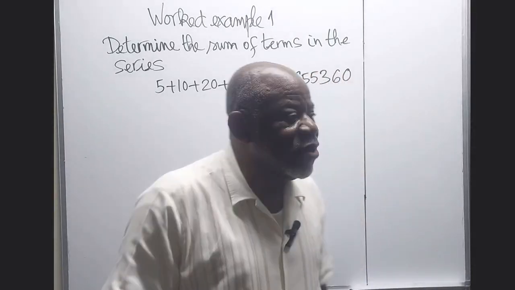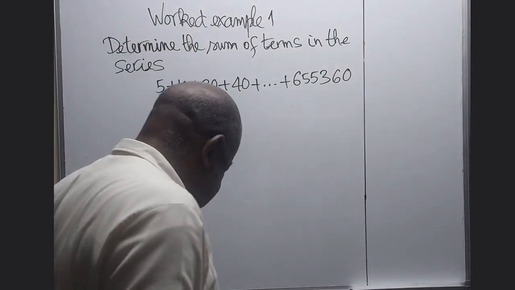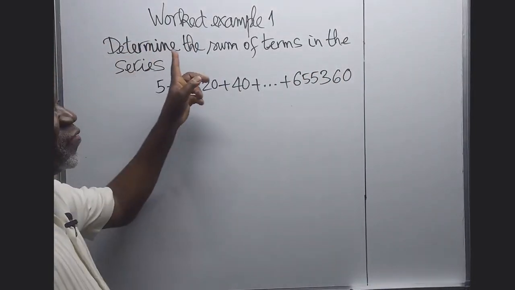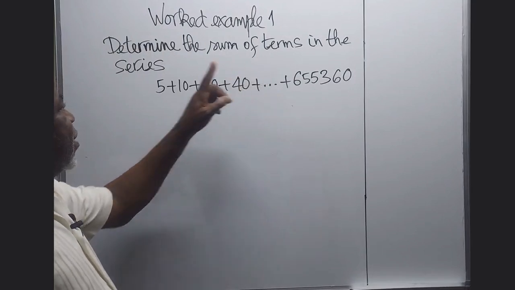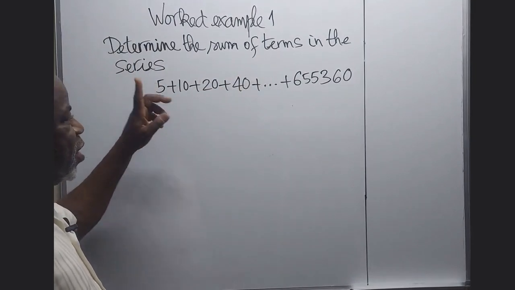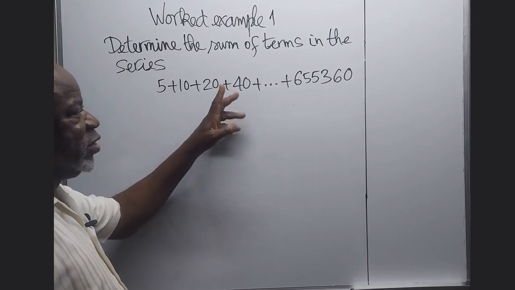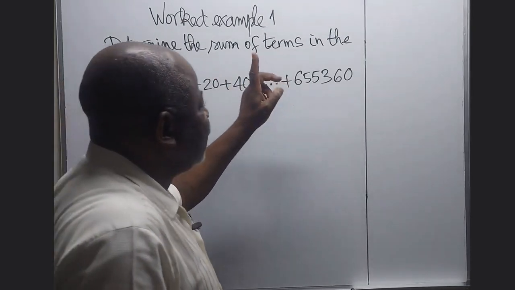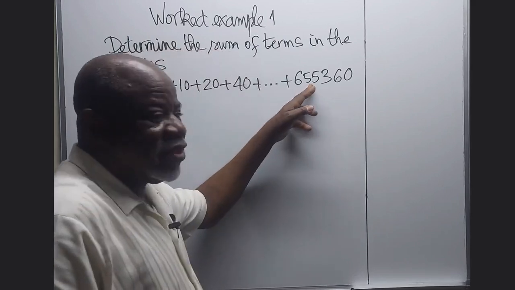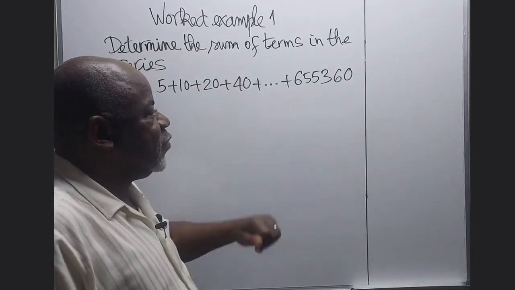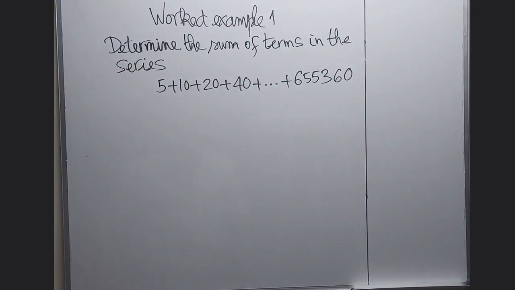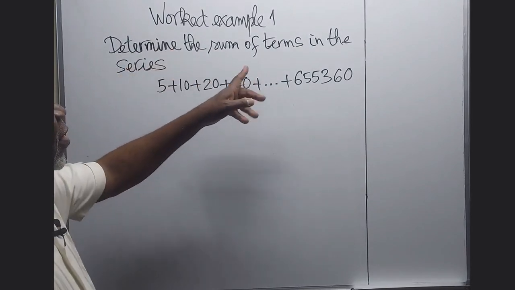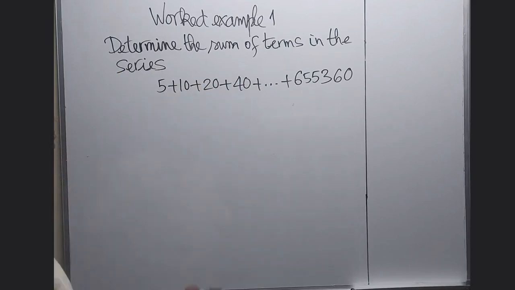Okay, so here's worked example number 1. Determine the sum of terms in the series 5 plus 10 plus 20 plus 40 plus dot dot dot plus 655,360. So we want to get the sum of the terms of this series.